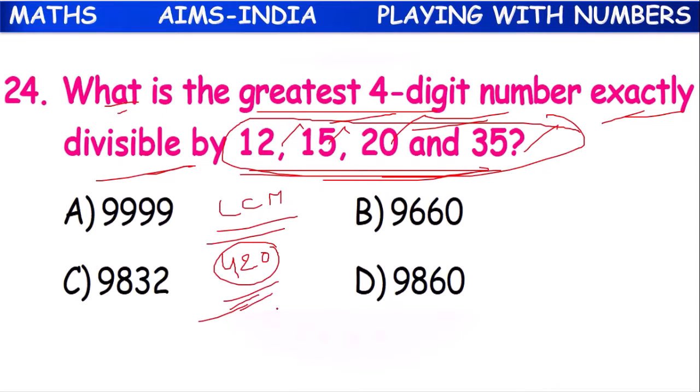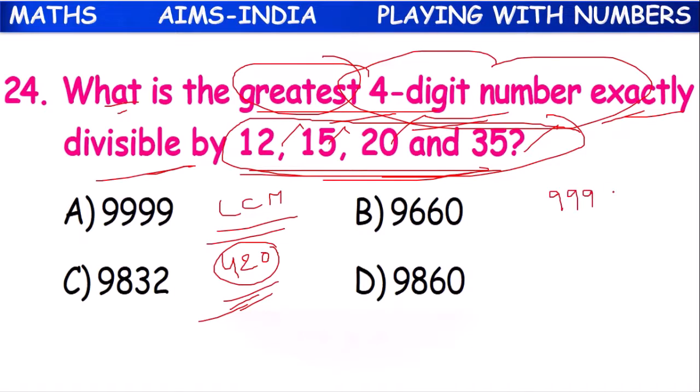But in the question, what they are asking, what is the greatest 4-digit number? Normally, in math, the greatest 4-digit number is 9999. So LCM is 420.